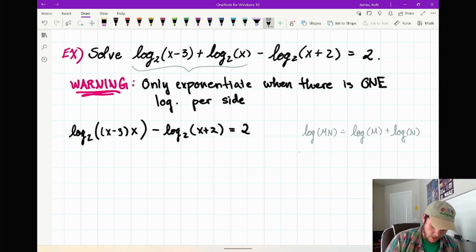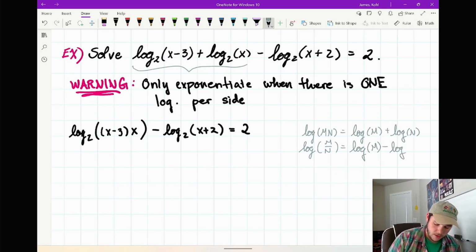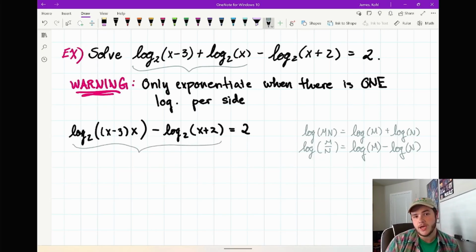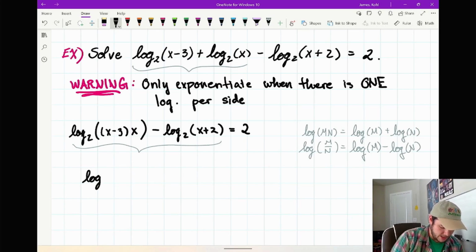Similarly, from before, I know that when I have a quotient, I can split that up using subtraction. But here, I want to go in reverse because I have a subtraction that I want to write as a single logarithm. So I'm going to condense it all as division: log base 2 of x times x minus 3 over x plus 2 equals 2.